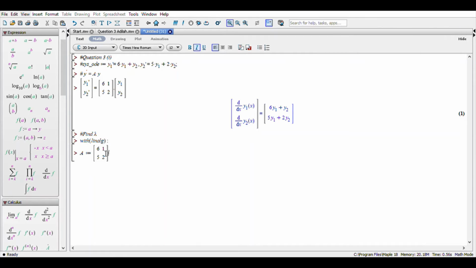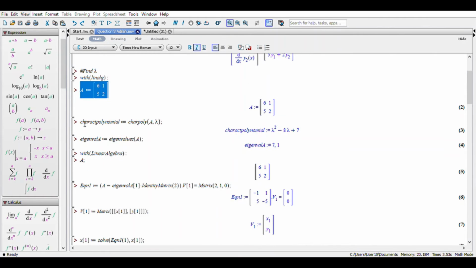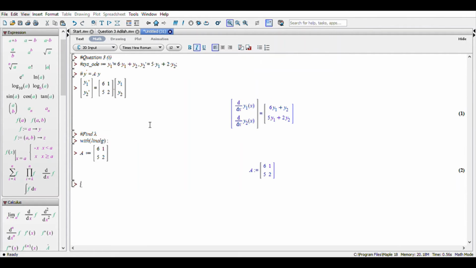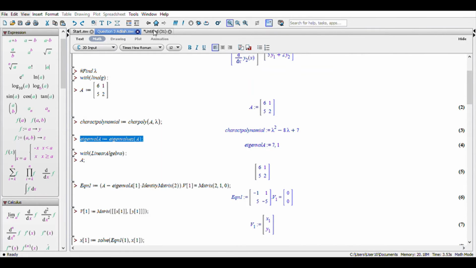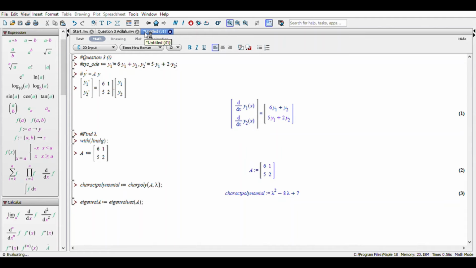Okay, this is our A, 6 1 5 2. And then this is the equation. Find the eigenvalue, which is 7 and 1. This is the quadratic equation, and this is the eigenvalue 7 and 1.